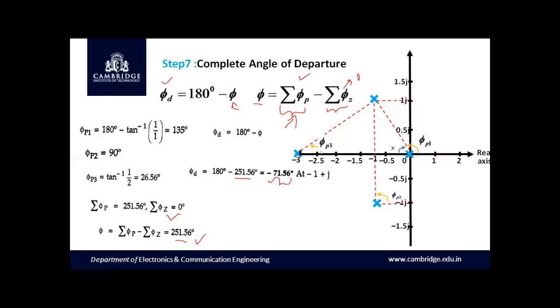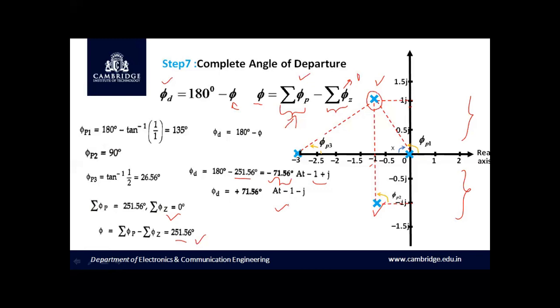Therefore, the angle of departure for the complex conjugate pole at minus 1 plus j is minus 71.56 degree. As I told you before, as the root locus is symmetric about the real axis, we can write the angle of departure for the other pole at minus 1 minus j as plus 71.56 degree exactly.